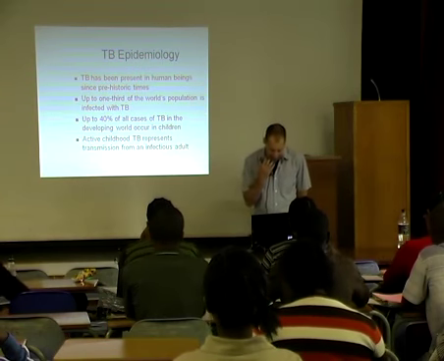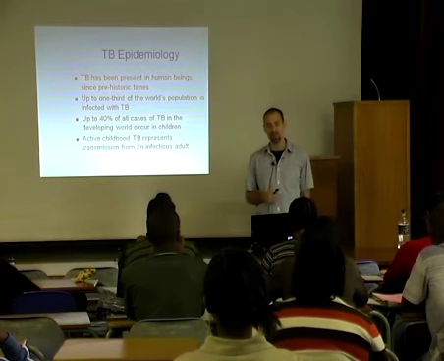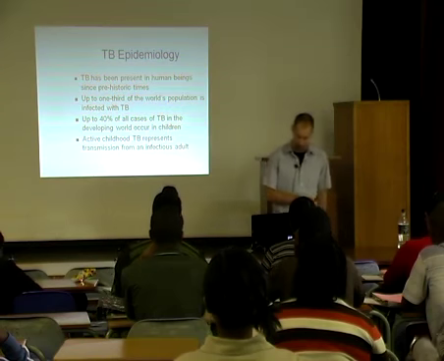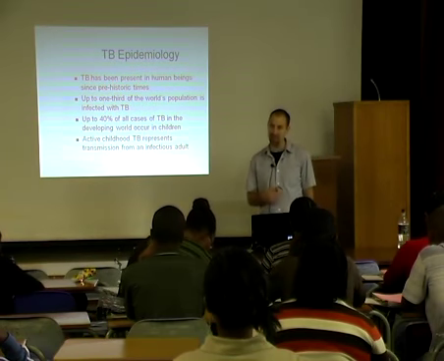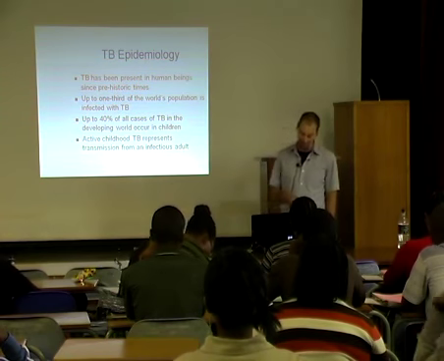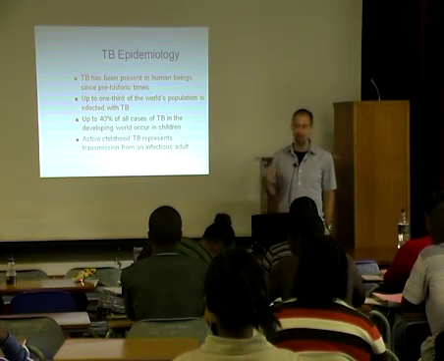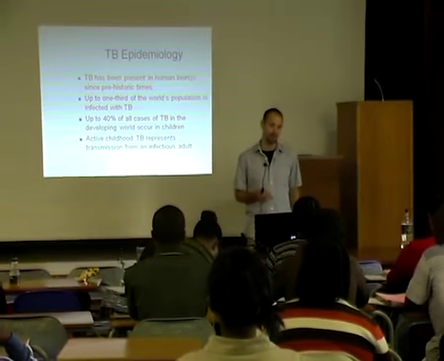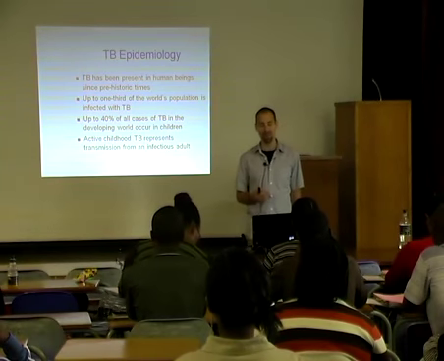Up to 40% of all the cases of TB in the developing world occur in children. So a lot of the burden is also in children. An active TB infection in children usually represents transmission from an infectious adult. Children themselves don't transmit TB very well, particularly children less than about 10 to 12 years old.